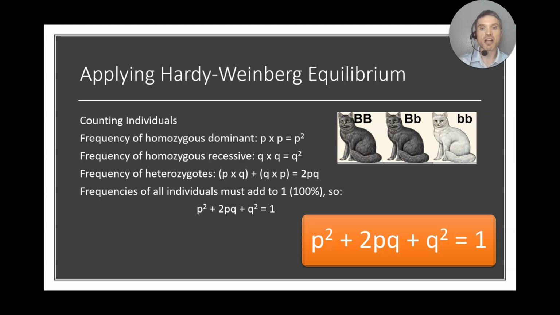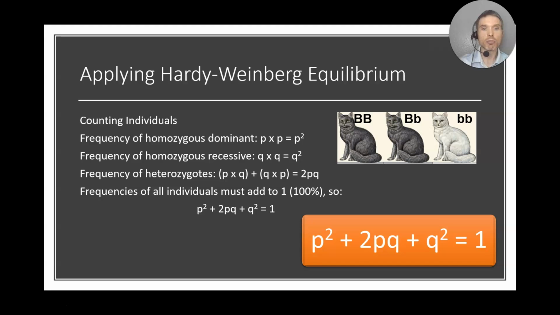So our homozygous dominant population is represented by p squared. For our homozygous recessive, remember, our recessive trait is represented by lowercase q. So q times q is equal to q squared. Our white cats in our population would be represented by q squared.